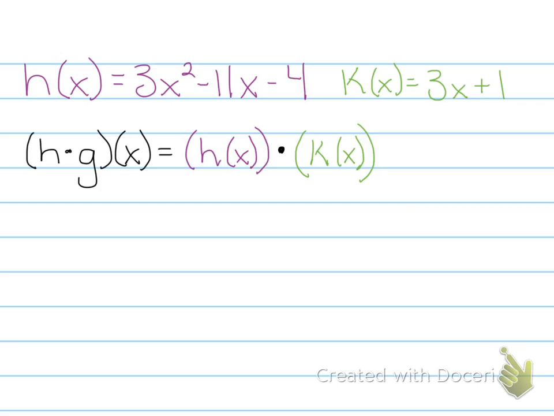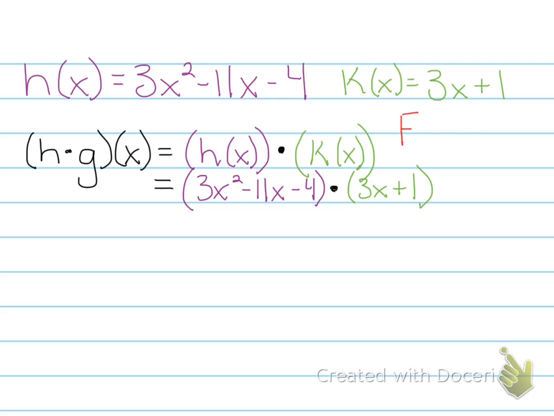So this means that I'm going to take the h of x function and multiply that with the k of x function. Again, notice that I'm using parentheses here because parentheses will be a big deal when I am multiplying, because ultimately if I am multiplying something like this where h of x actually has 3 different terms and I'm multiplying by the k of x, which actually has 2 different terms, I really ultimately need to be multiplying every single term with every single term from the other.